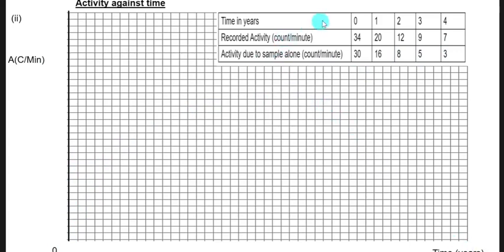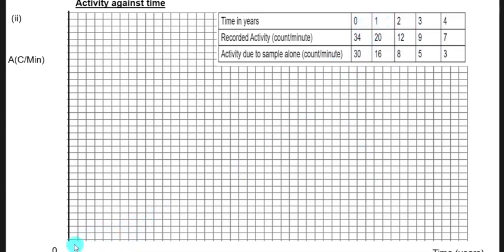So time, which is 0, 1, 2, 3, 4, should fit well on the horizontal axis. So how? Since you have enough space here and you only have 0, 1, 2, 3, 4, then you need to choose 10 boxes to give 1 unit.